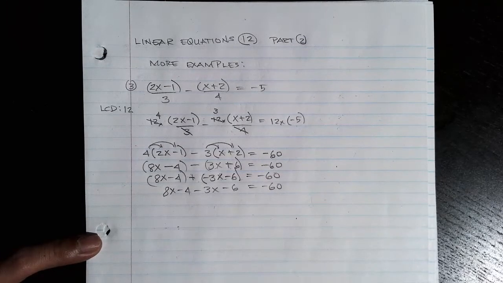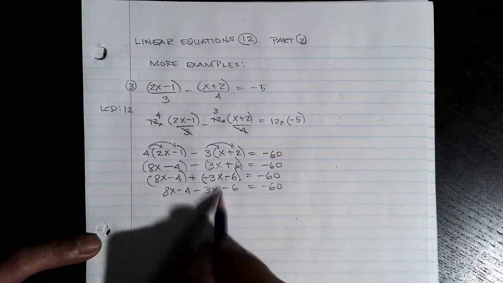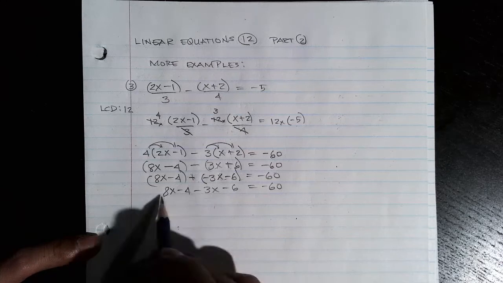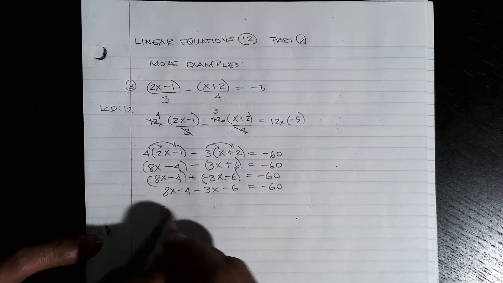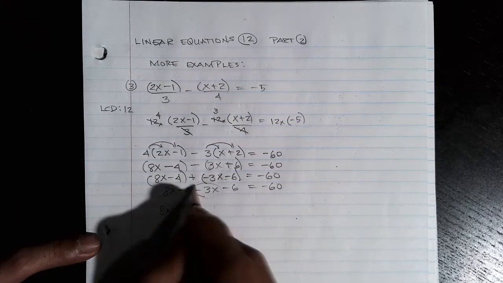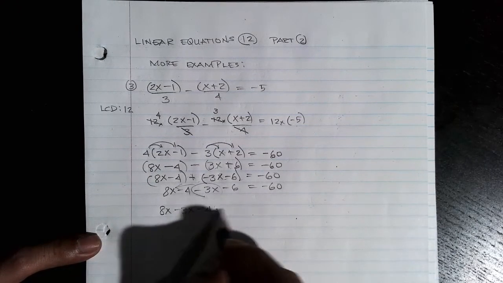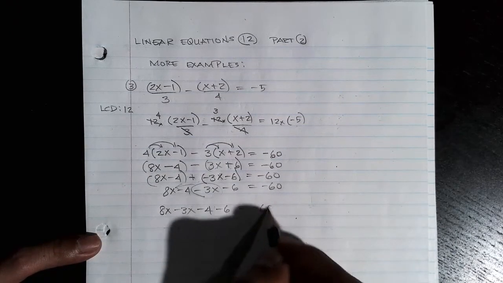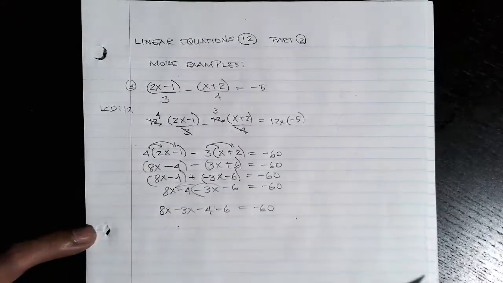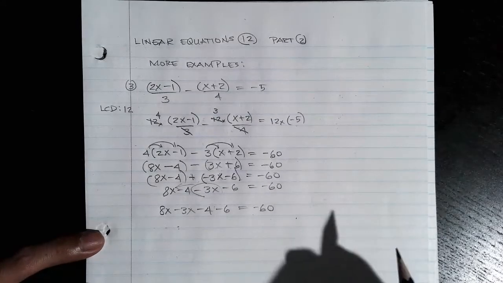See? Okay, so now like terms, remember in polynomials, we got to shuffle those together. 8x, this 3x is going to move beside that 8x, and this negative 4 minus 6 is going to be beside each other. Wow, now we're doing actual polynomials also again.